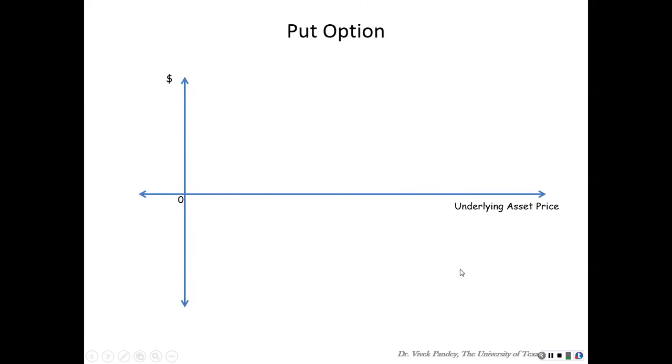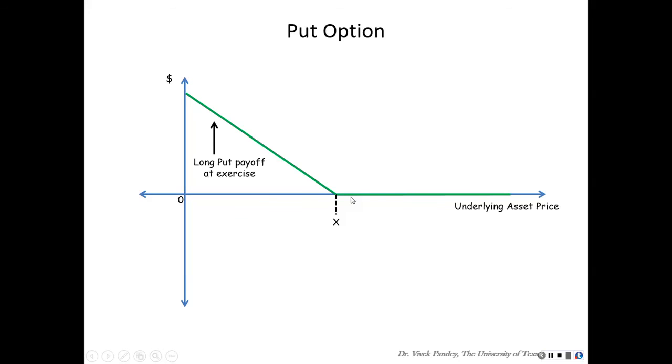All right, the other type of option is an option to sell, and that's called a put option. If you buy that option, you're agreeing to sell at X, right? So if the stock price ends up being less than X, then you get to sell the same stock at X and you make money, right?